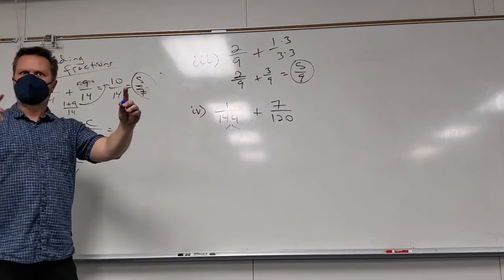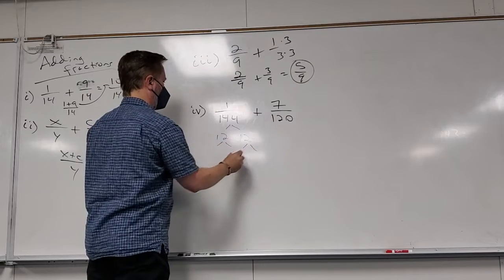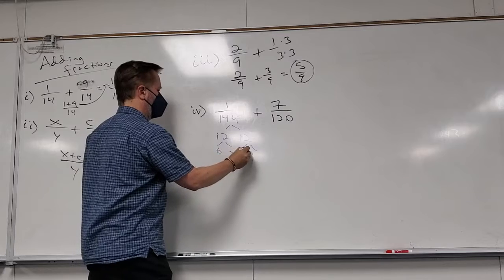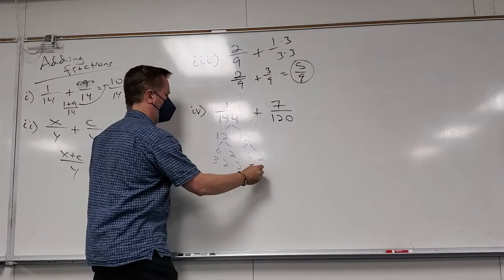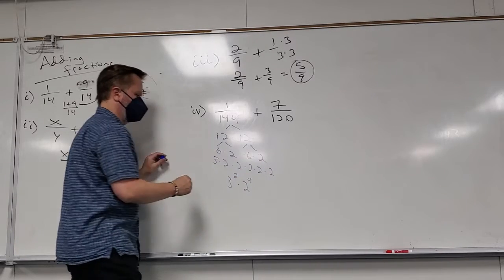144 is 12 times 12, right? And 12 is 6 and 2, 6 times 2. So you get 3 times 2 times 2 times 3 times 2 times 2, and we can consolidate that: 3 squared times 2 to the 4th, yes?